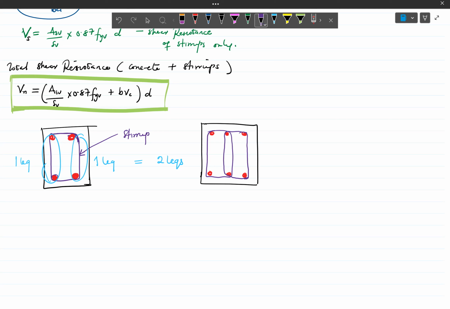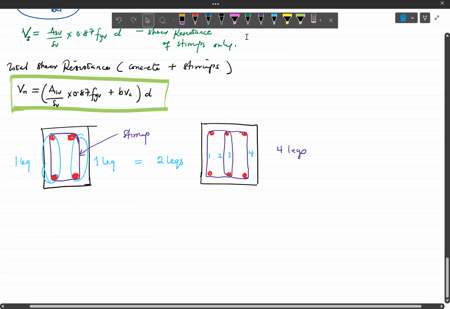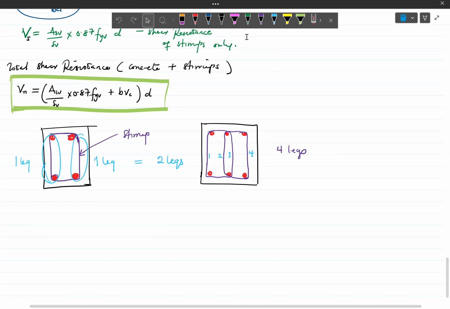So this one has 4 legs: 1, 2, 3, and 4. And the 4 legs would impact the area that we need. So let's just take note of it.